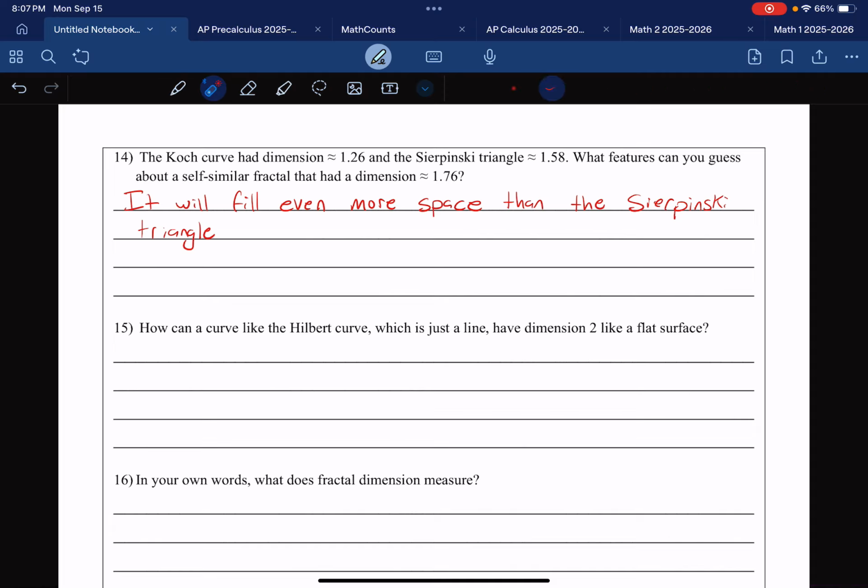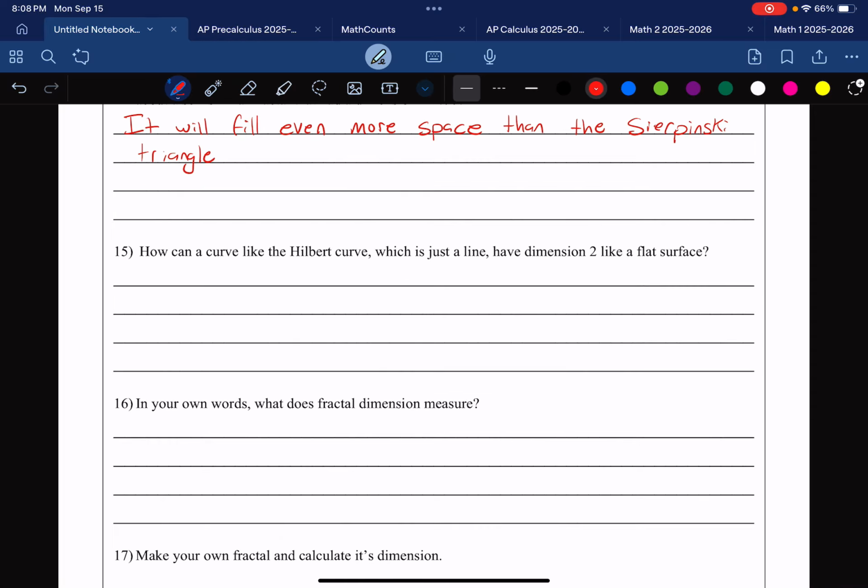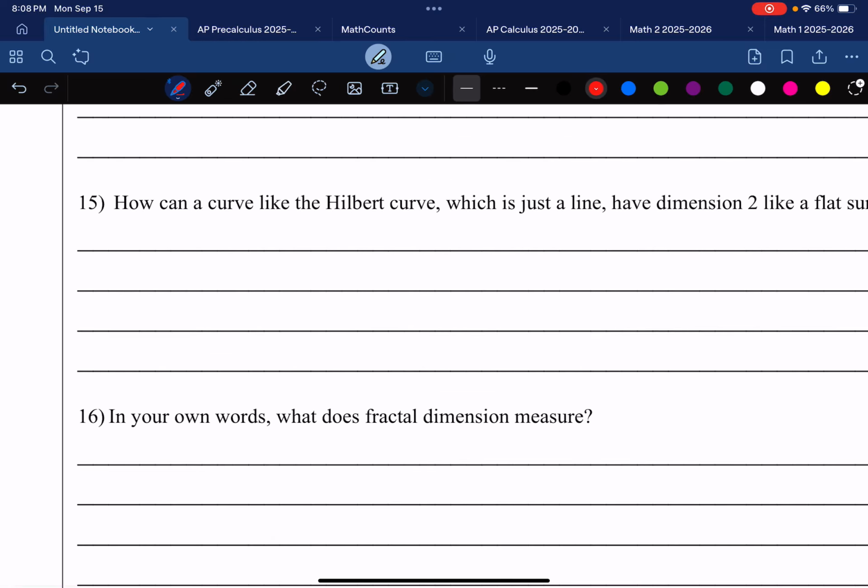What about number 15? How can a curve like the Hilbert curve, which is just a line, have a dimension of 2? That's the mind-boggling part of those space-filling curves. I would say something along the lines of, it uses the power of love. No, just kidding.